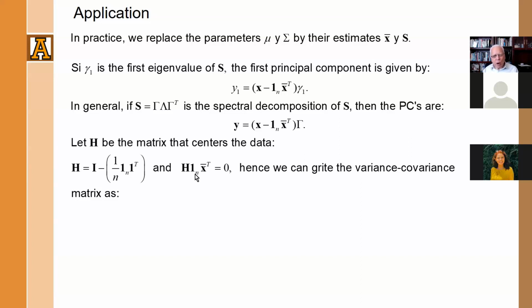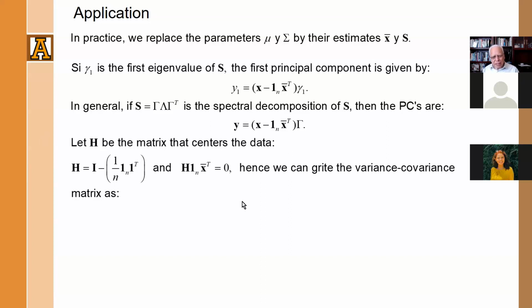When I apply H to the vector of ones times the transpose of the sample means, I get 0 because I'm subtracting the mean. That's why we call it a centering matrix. The H matrix is a centering matrix.